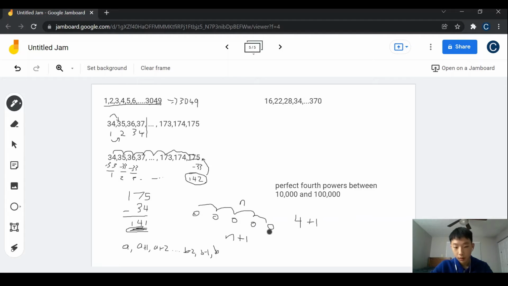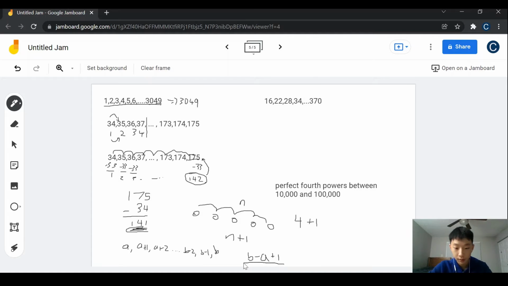So we know that if we subtract the last number from the first number, we get b minus a, and that's the number of steps. But from this example, we learned that the number of elements is always one more than the number of steps between the elements, so we add 1.